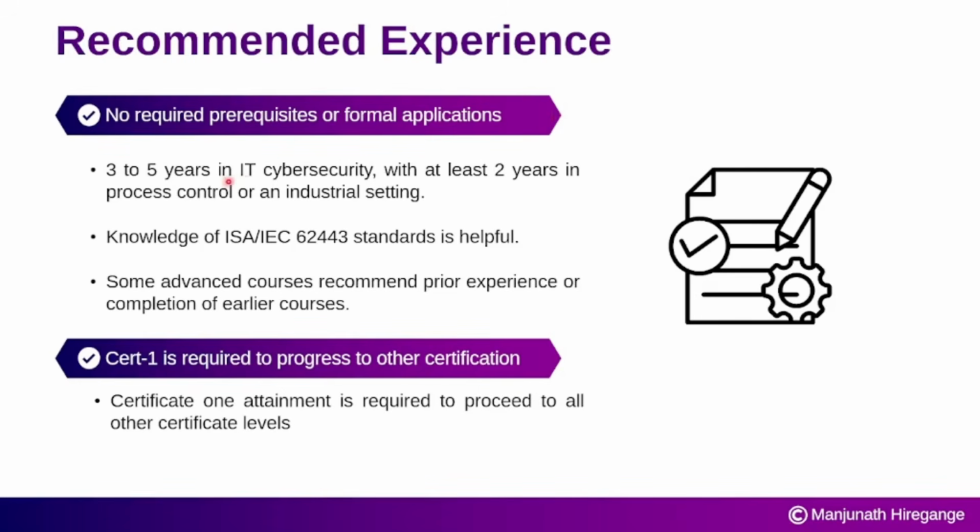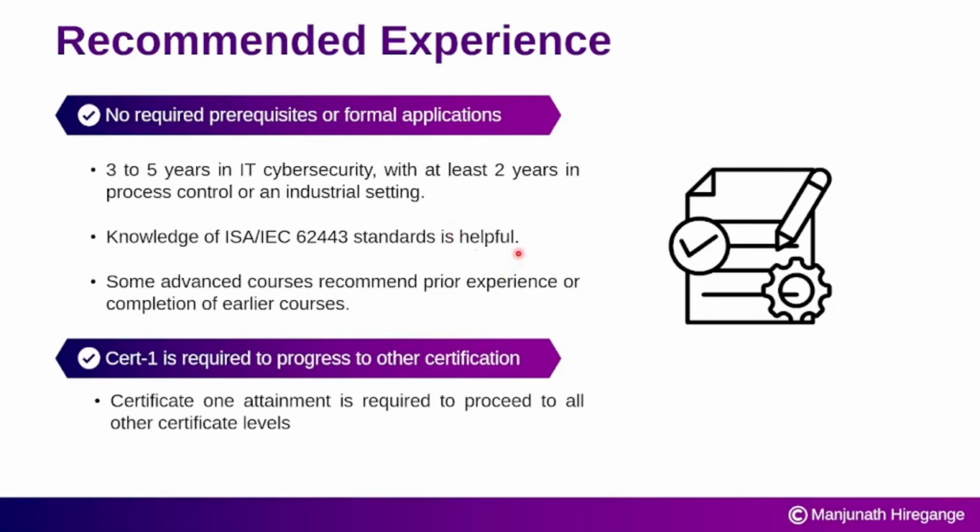Ideally, you should have 3 to 5 years in IT cybersecurity with at least some experience in industrial settings. If you have spent at least 2 years in a process control engineering role, or control system or instrumentation, that's a big plus.